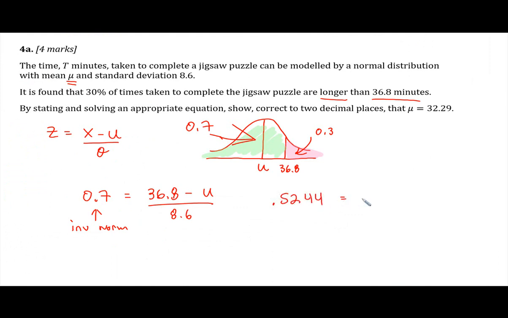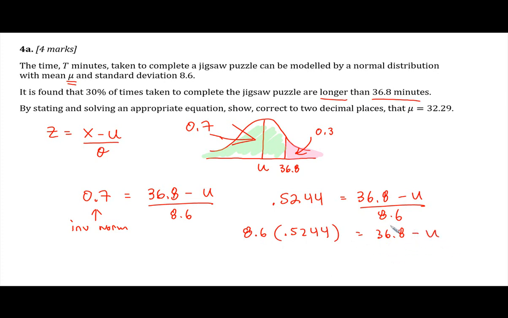So 0.5244 is equal to 36.8 minus mu over 8.6. If we solve for the mean, 8.6 times 0.5244 equals 36.8 minus mu.